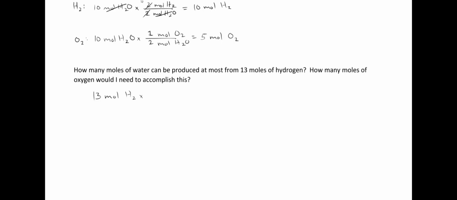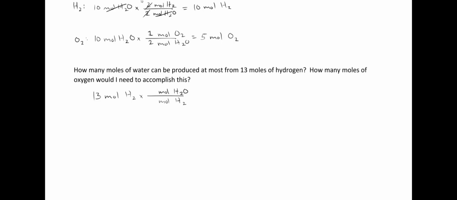I would like to get that to moles of water. So we want to put moles of hydrogen here, and moles of water in the numerator.